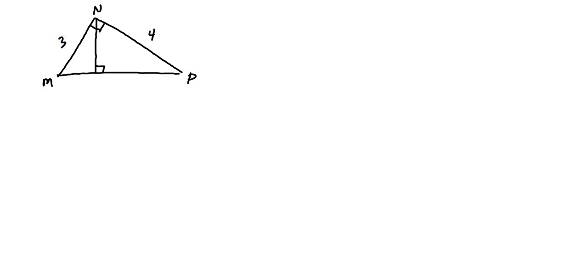All right, if you use geometry, actually what happens, and this is just a fact, is that the altitude of a right triangle creates 3 similar triangles. All right, it creates 3 similar triangles, and let me show you why.